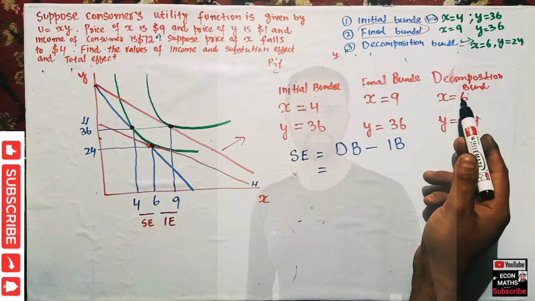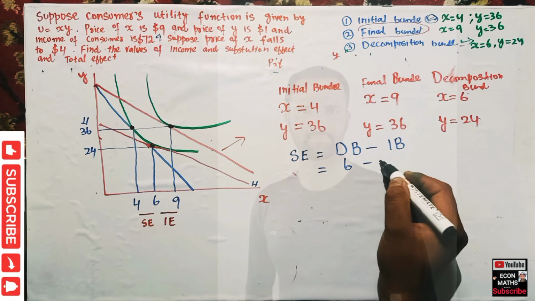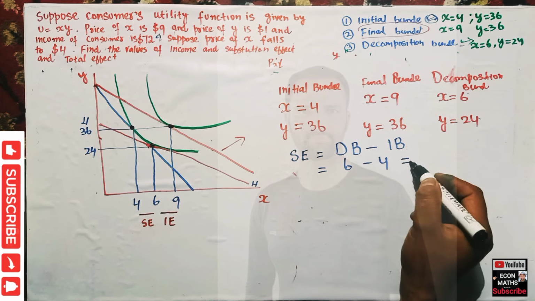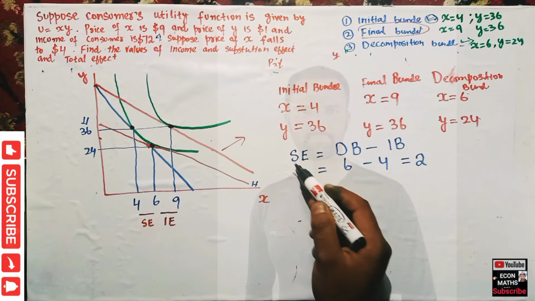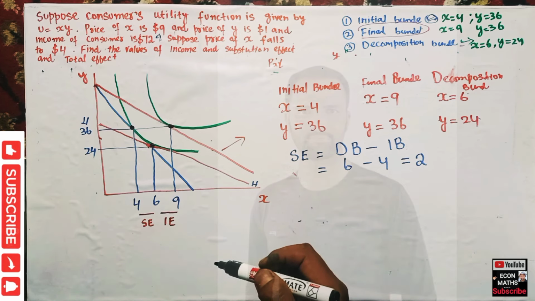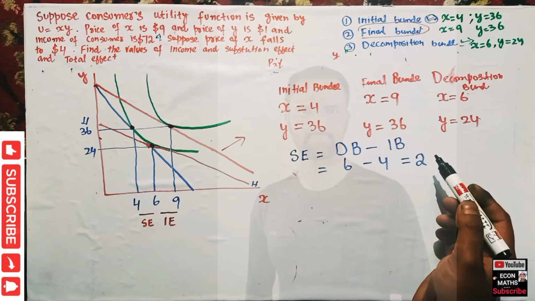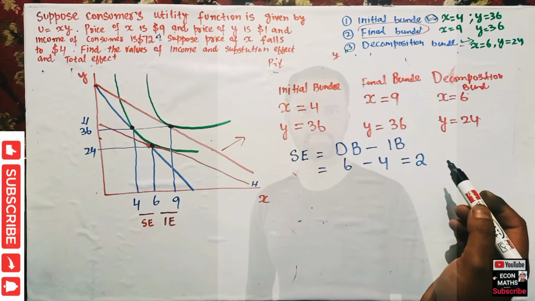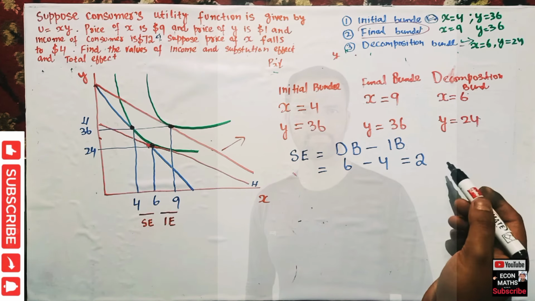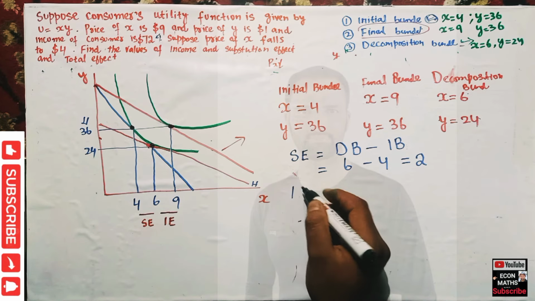The decomposition bundle is 6, minus 4, which comes out to be 2. That means our substitution effect is 2. When the price of good X has fallen, the consumer buys 2 more units of X due to the substitution effect.